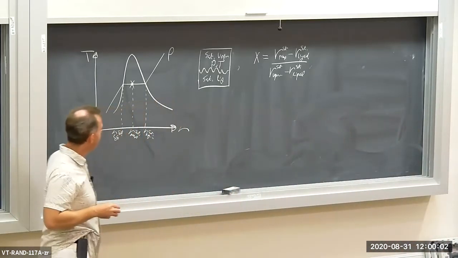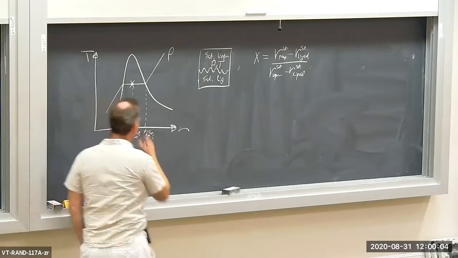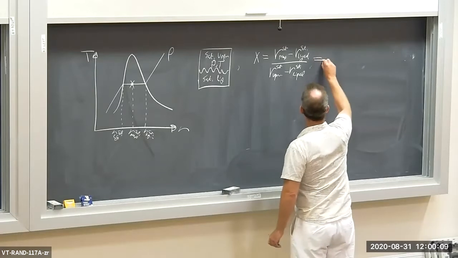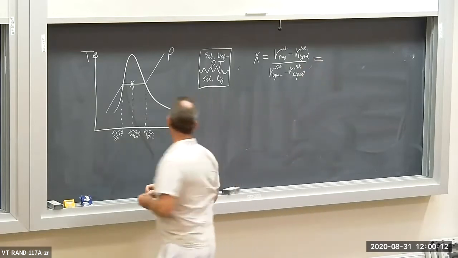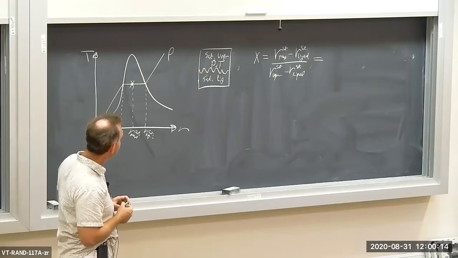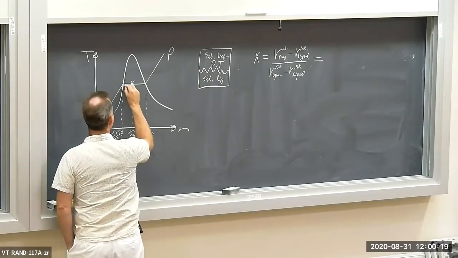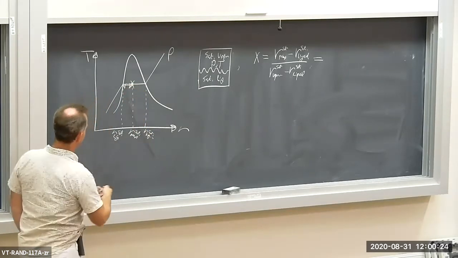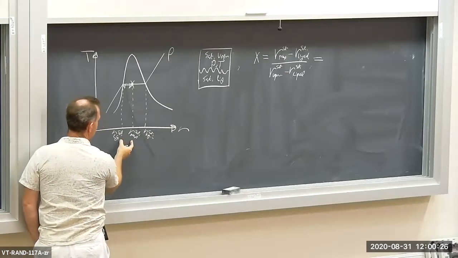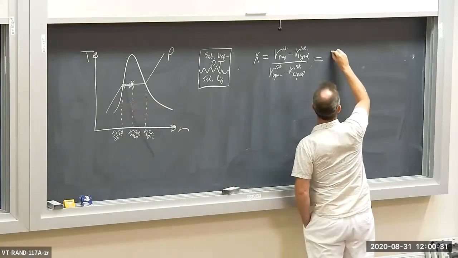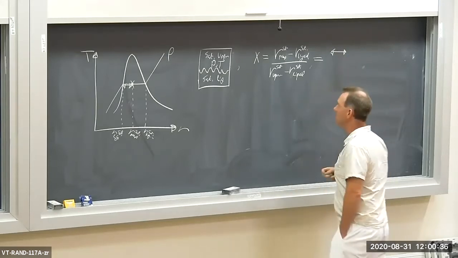Now let's look at how that equation can actually be represented on the TV plot. The numerator, which is v_sat mix minus v_sat liquid, represents this length right here. So that represents the green line. That's the numerator.